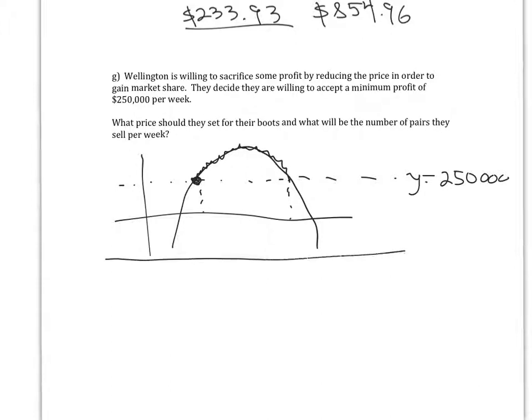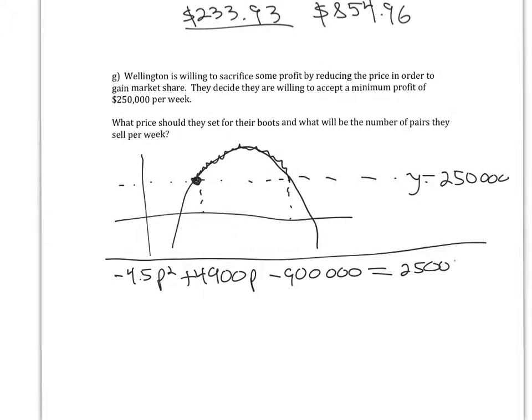So if we think about our profit function, which we had as -4.5p squared plus 4,900p minus 900,000, now instead of setting that equal to 0, we're going to set that equal to 250,000.